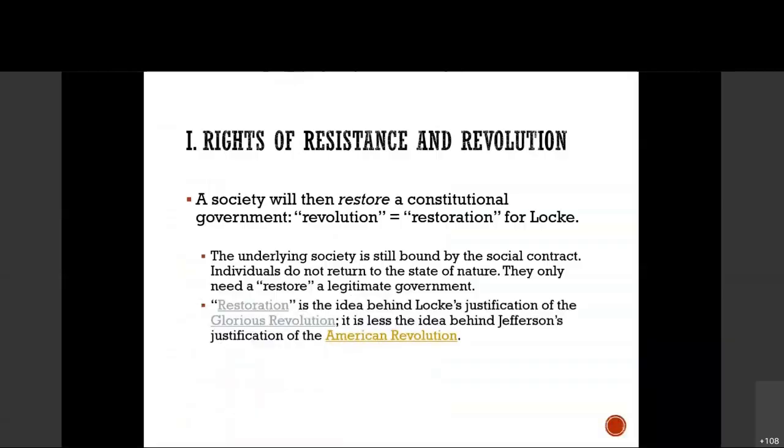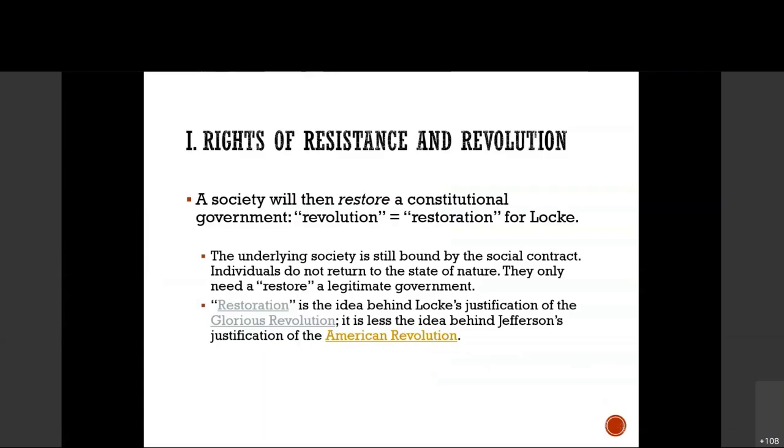This restoration idea has some resonances with the American Revolution about a century later, but there's a crucial difference. The difference is Jefferson could not make an argument for the restoration of a normative relationship between Britain and the British colonies.